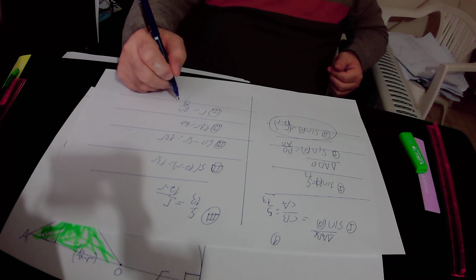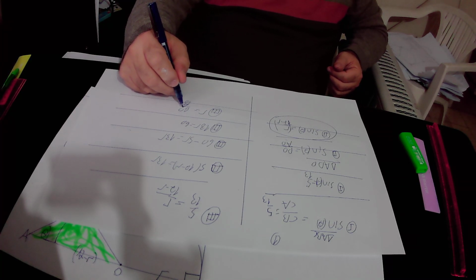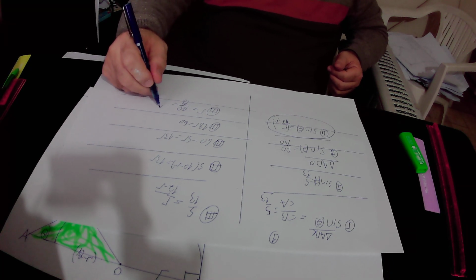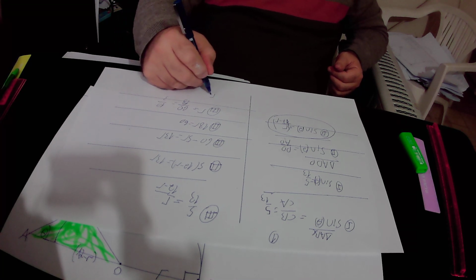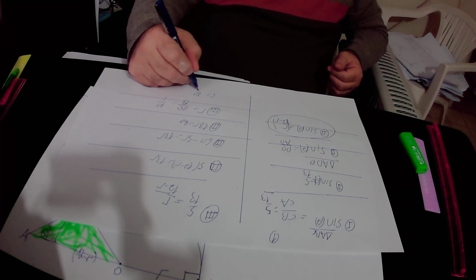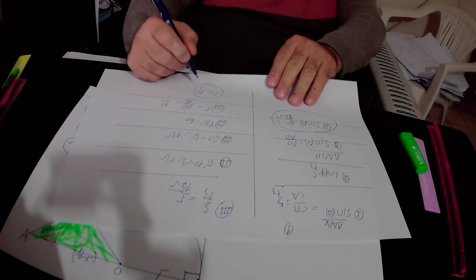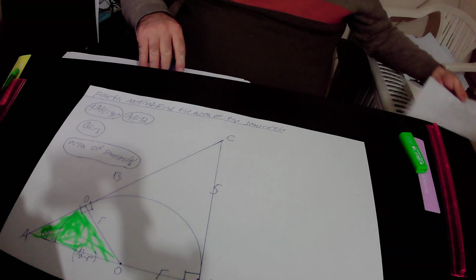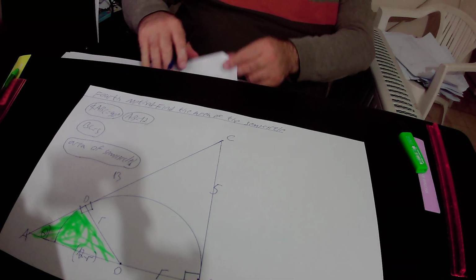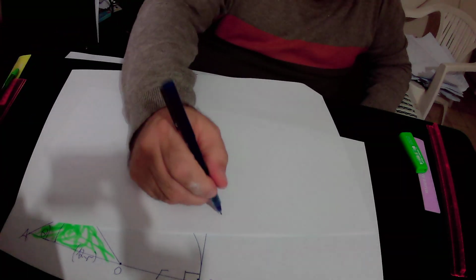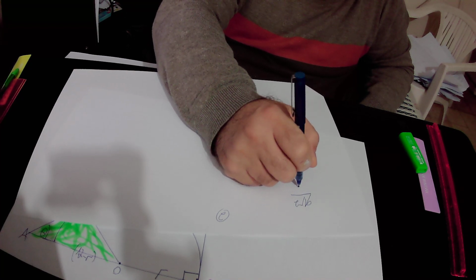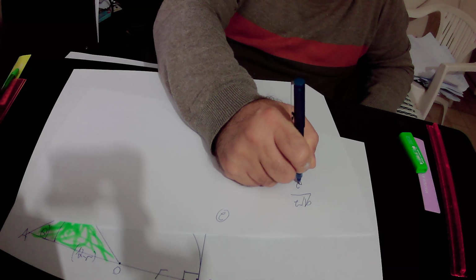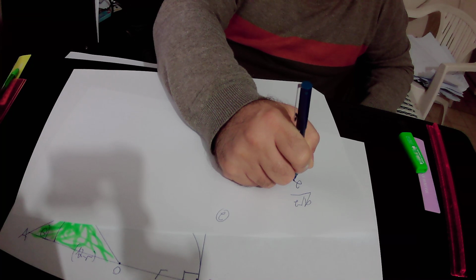Here we will divide both the numerator and the denominator of this number by 6, and we will get that 60 over 6 is 10, and 18 over 6 is 3. So we found out that the radius of the semicircle equals 10 over 3 units, and therefore the area of the semicircle equals pi r squared over 2. I repeat again, the area of the semicircle equals pi r squared over 2, because it is a semicircle, therefore its area is half the area of the circle.